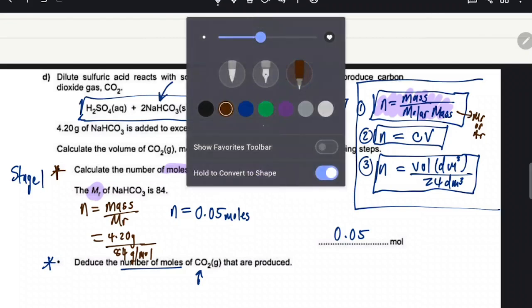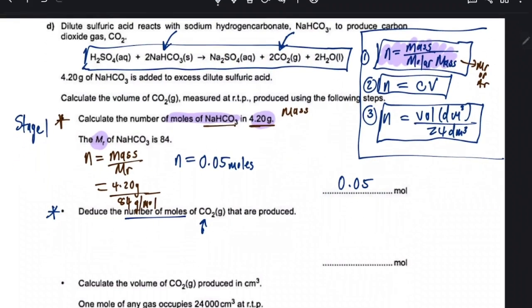So now for me to find the number of moles of CO2, look at what you're going to do. You start with this answer which you had, 0.05 moles.